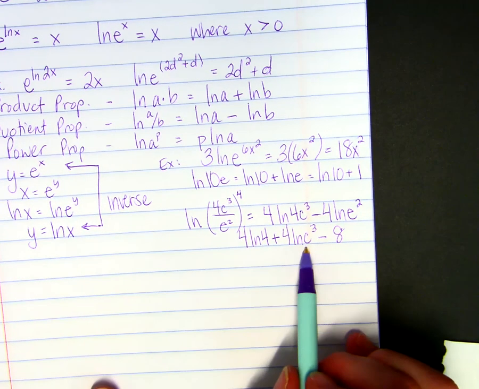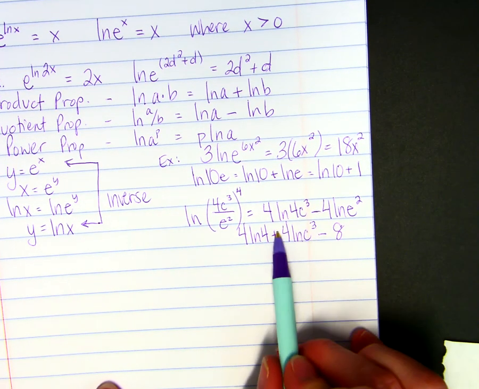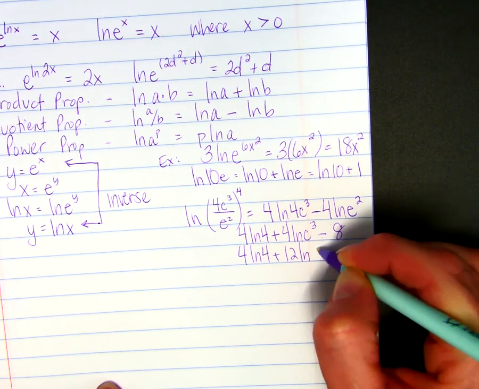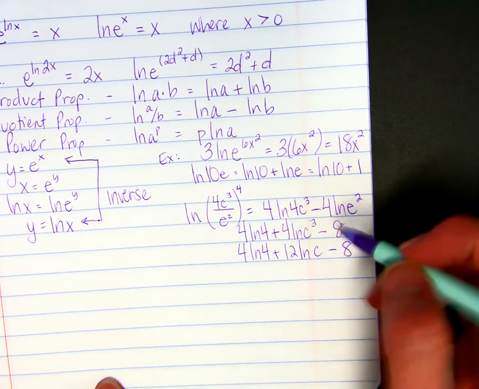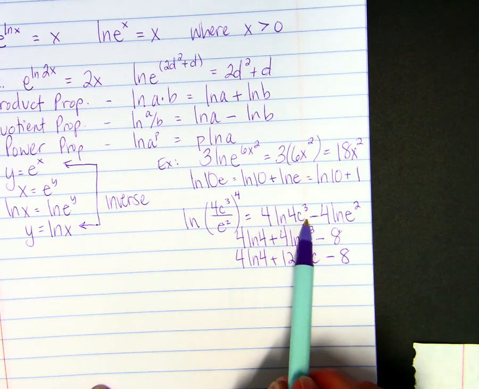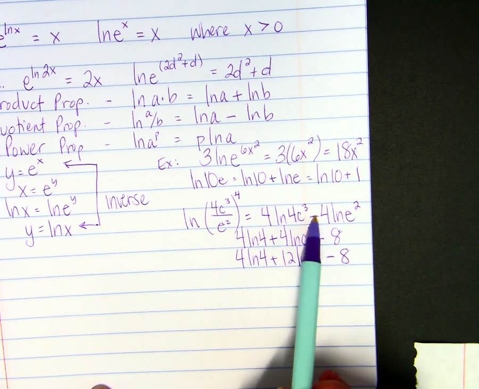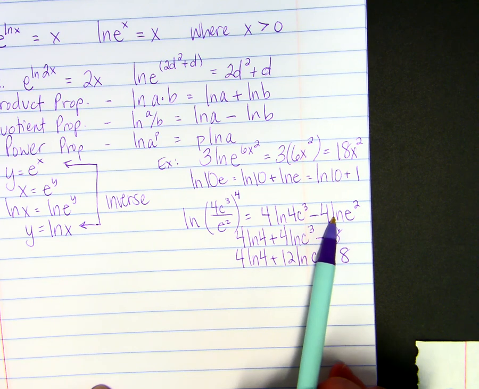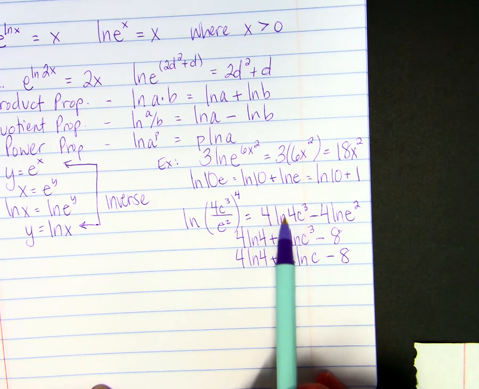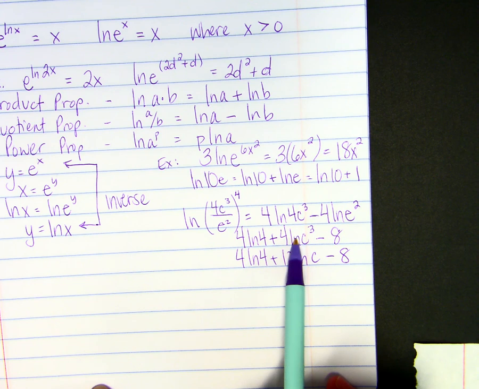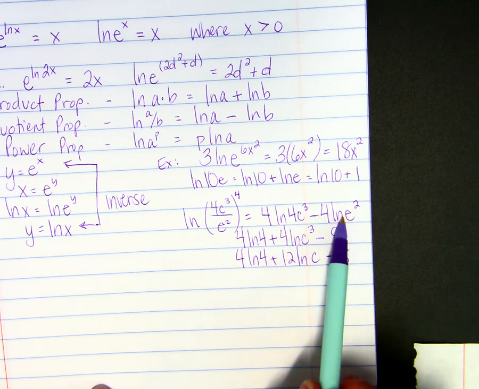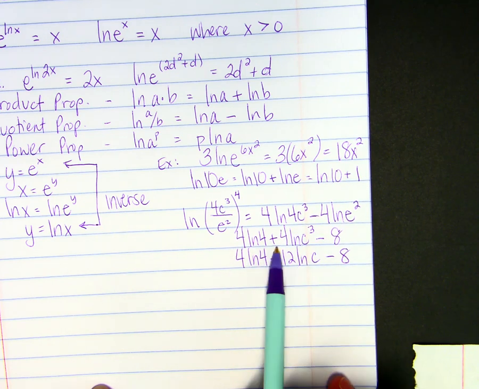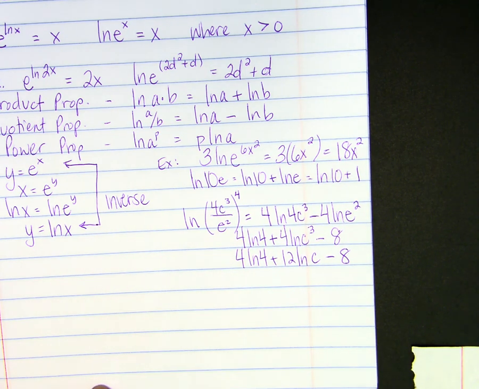And then this one I'm going to use the power property and bring the 3 down to the front. And that's simplified. So we just did the quotient property where we subtracted. When you bring the 4 down, you have to do 4 times each one. Then we separated this into the product of both. Simplified this to be 2 times 4 is 8. This stays, the power comes over here, and you get that.